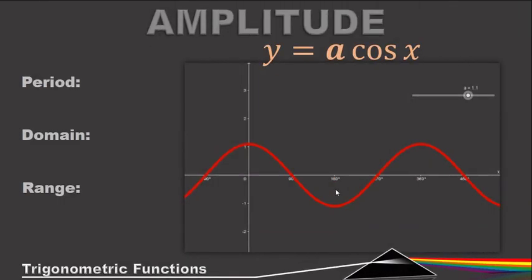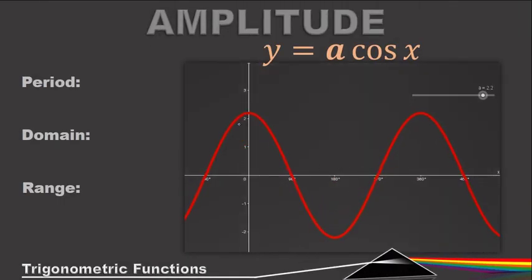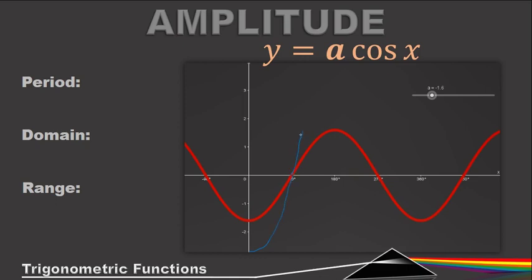Alright, so now let's look at the amplitude for the cos graph. It stretches up and down as your A value changes, and when it goes over to a negative, it stretches down, so it kind of reflects. If we draw a graph where we restrict it from 0 to 360, we see it still goes through the same intercepts, goes up and then down.